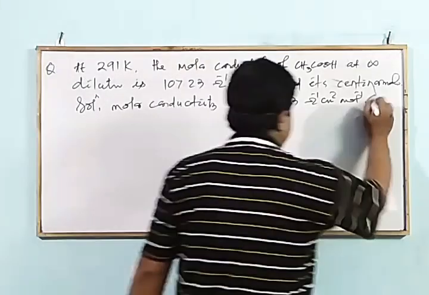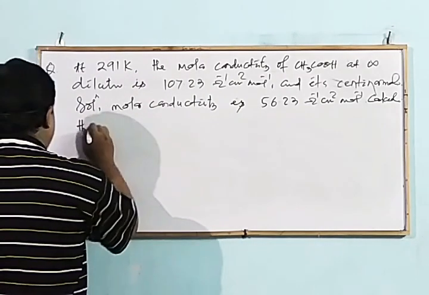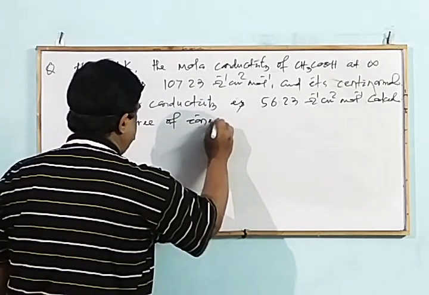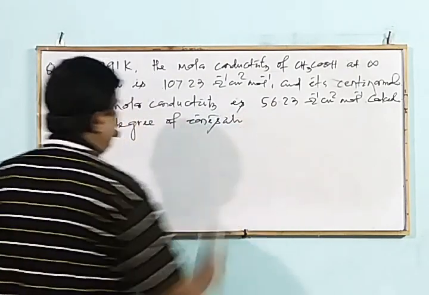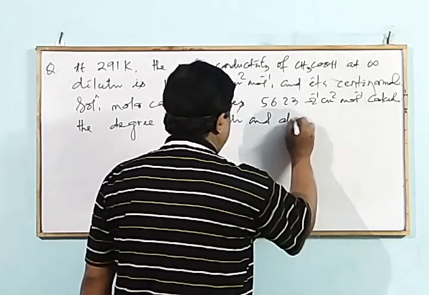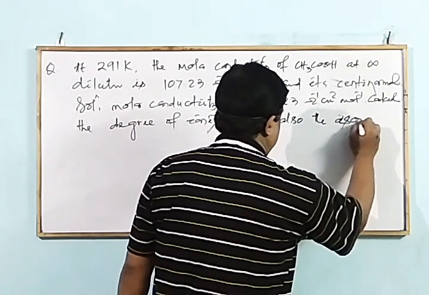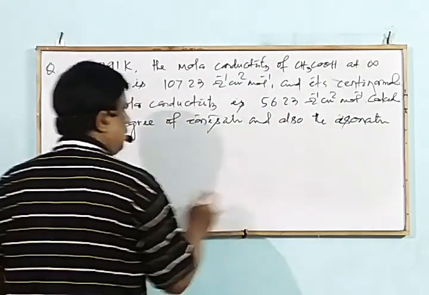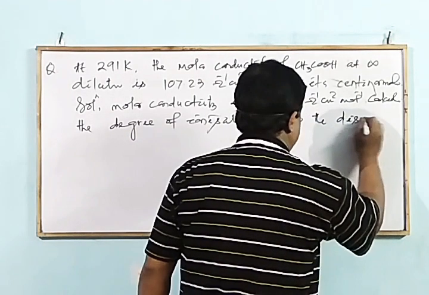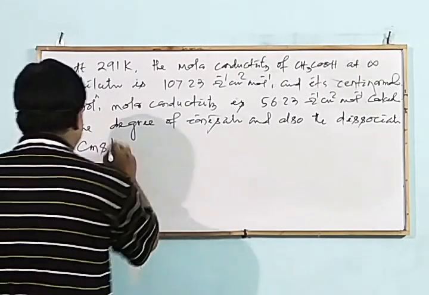Then calculate the degree of ionization and also the ionization or dissociation constant.